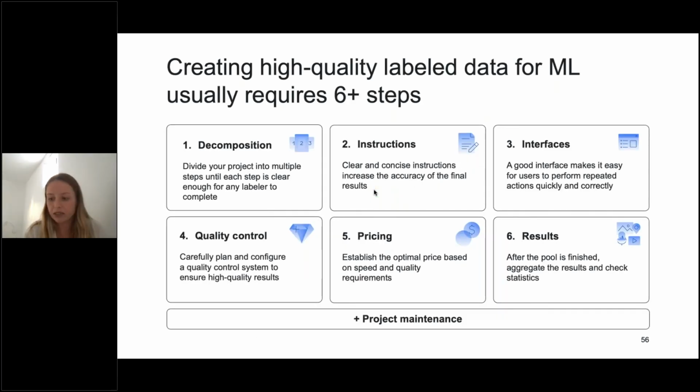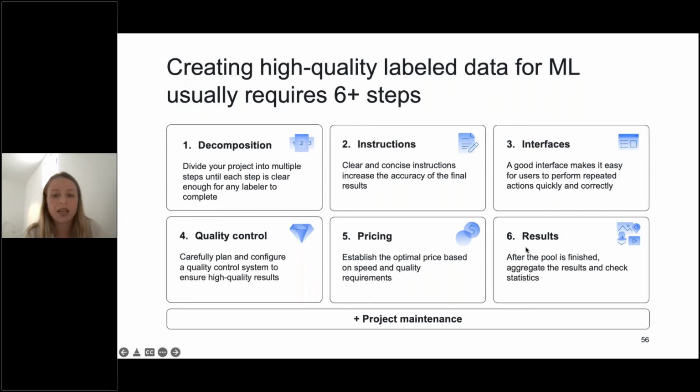And so I just would like to recap here those 6 points of our data labeling pipeline. So we started with the decomposition, we then focused on instruction, then we talked about designing interfaces, and then we mentioned how to control quality and how to decide on pricing.